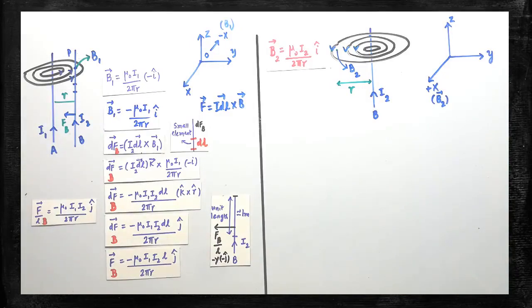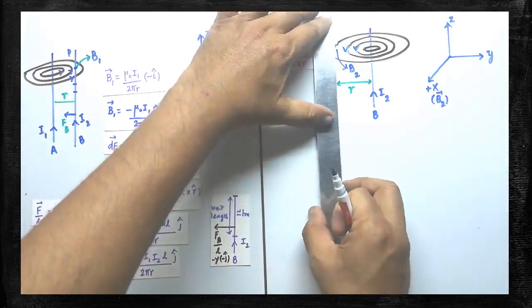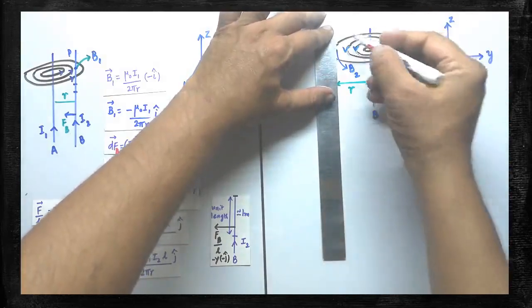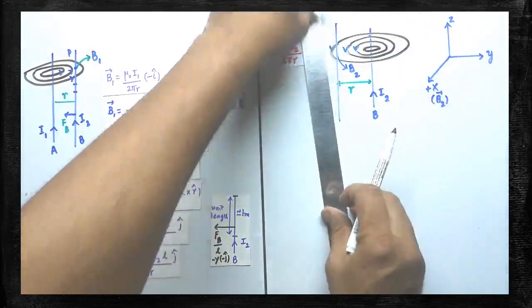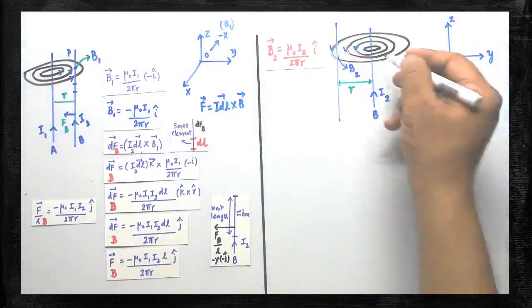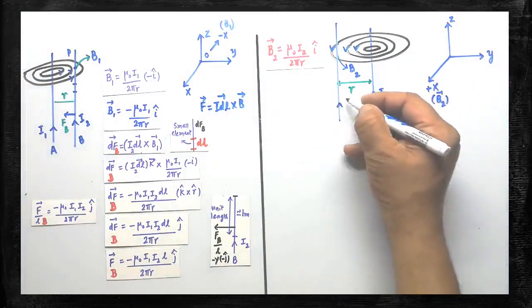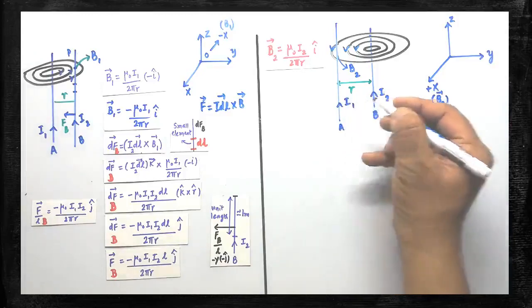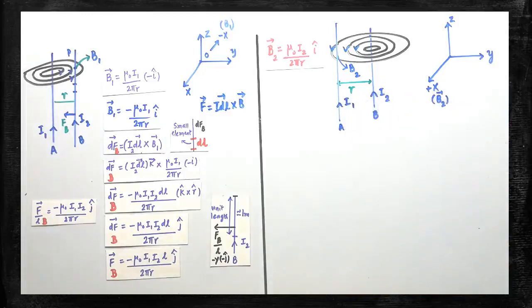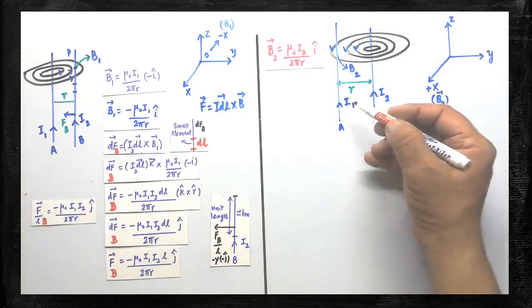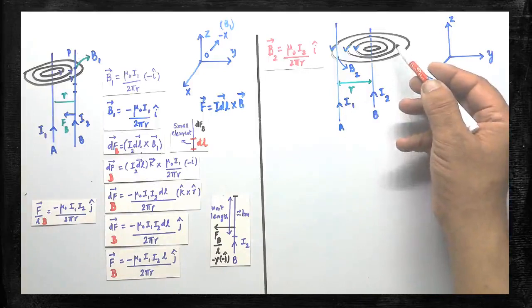Now I am going to draw the next conductor that is placed in the field of B. Let us imagine through the conductor A, how much amount of current is flowing? I1 amount of current is flowing. Now A conductor is a current carrying conductor which is placed in the field of the B conductor.